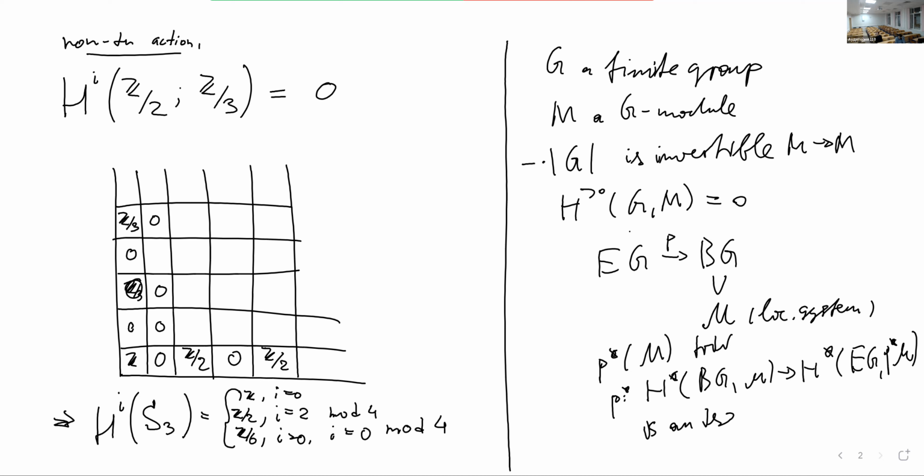Yes, I agree. So what Grisha is saying is that when the order of G is invertible, then there is a splitting.